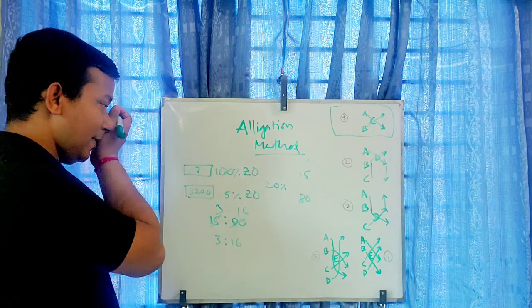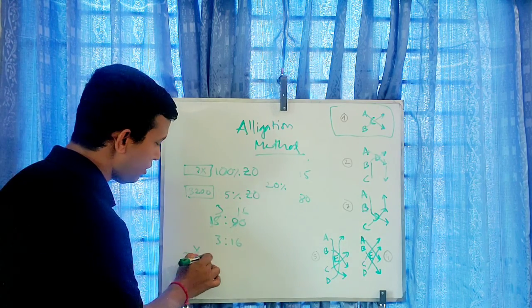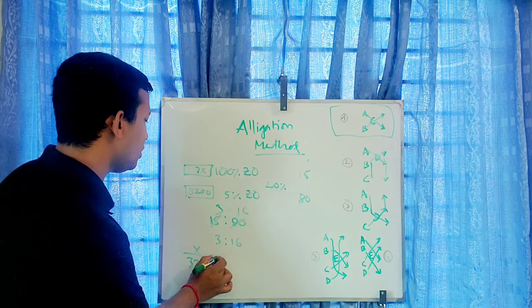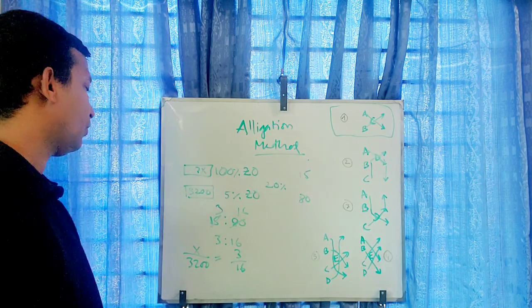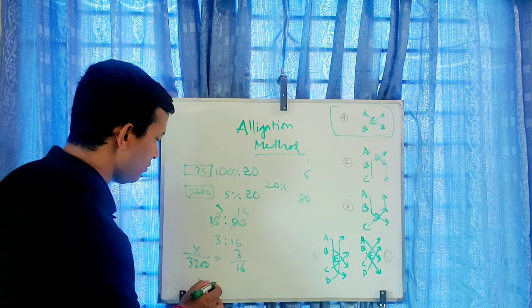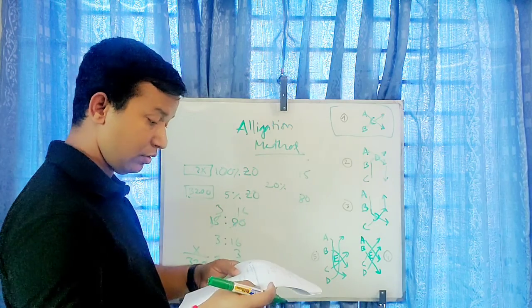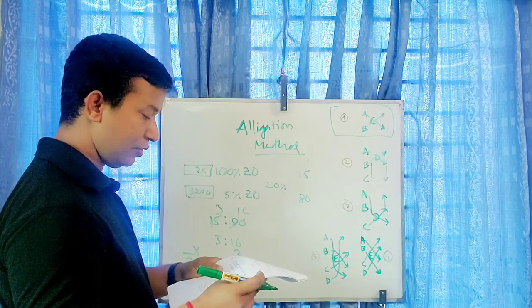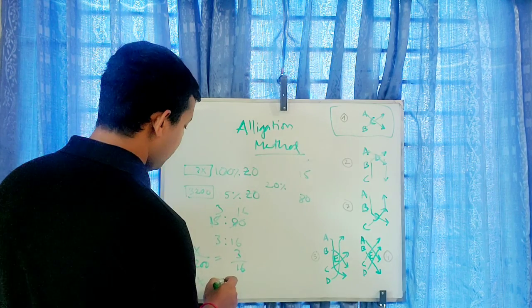So we can do the math the same way, considering it as x. So x by 3200 equals 3/16. So the value of x is simply 600.